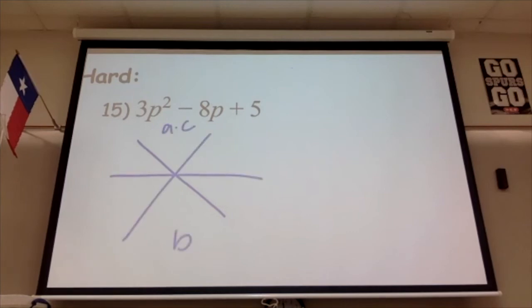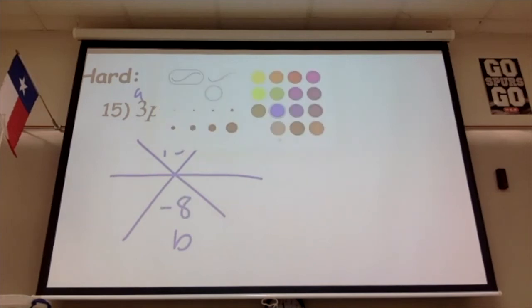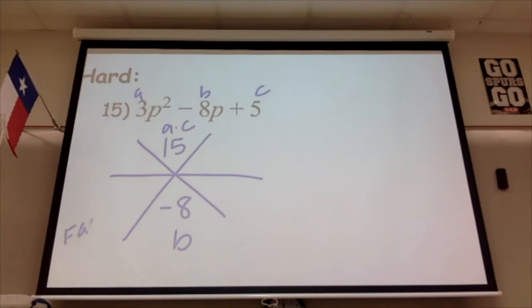a, c, and b. What is my a times c? 15, and my b? Negative 8. So I want two factors that multiply to give me 15 and add to give me negative 8. This one is multiply, this one is add.